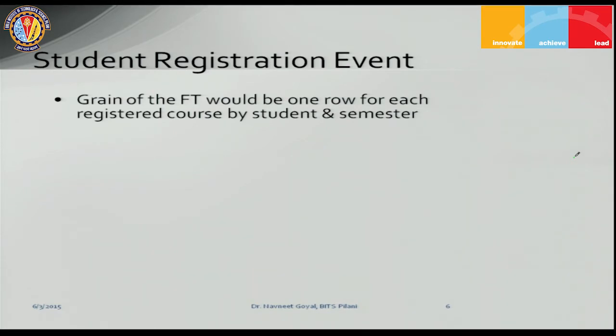If a student registers for a course, the entries would be like this: ID number, then course number, then semester, campus, and so on, and faculty also. So he registers for a course which is taught by a particular faculty in a particular semester in a particular campus, right?